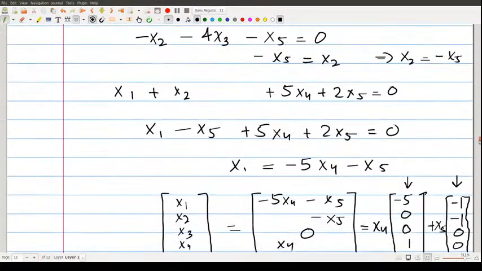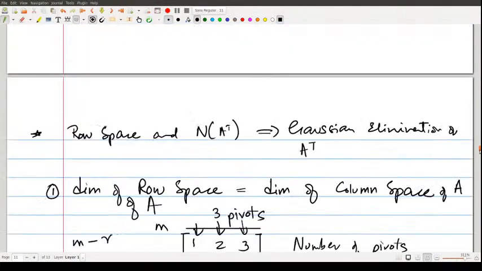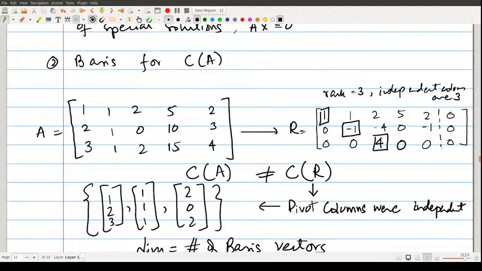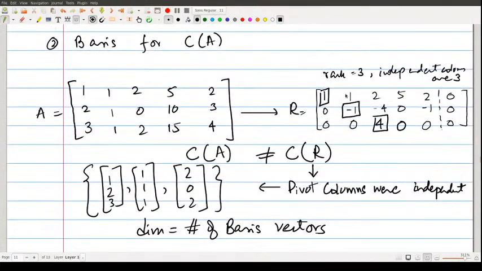This was the basis for the null space. And finally, the basis for the column space you got by identifying the pivot columns and taking those pivot columns. Okay, and that's it.